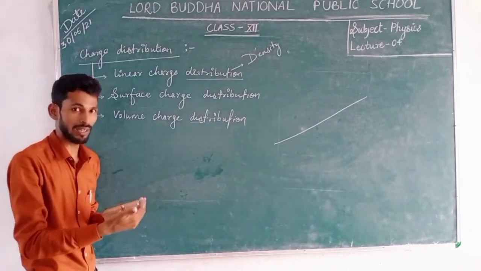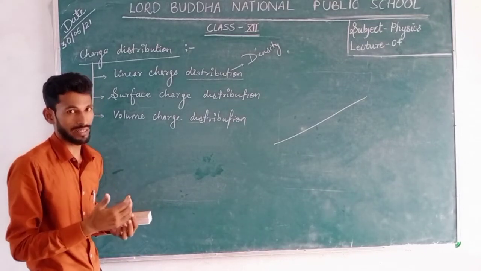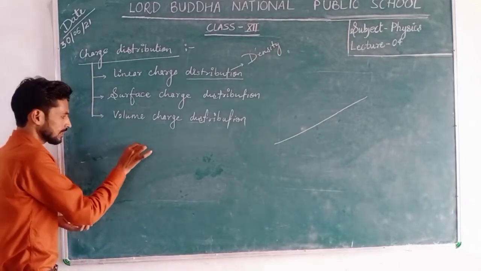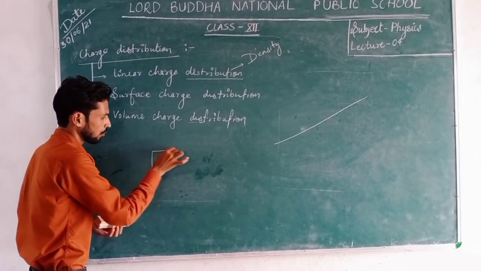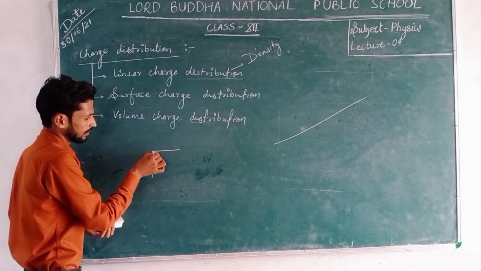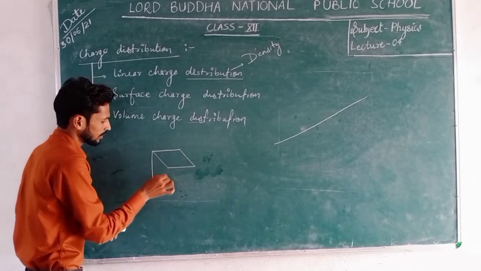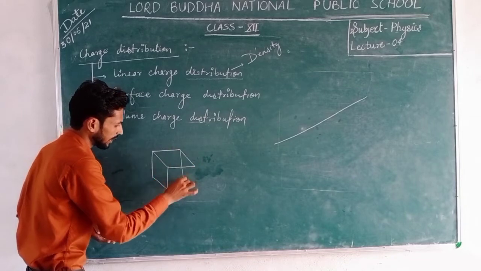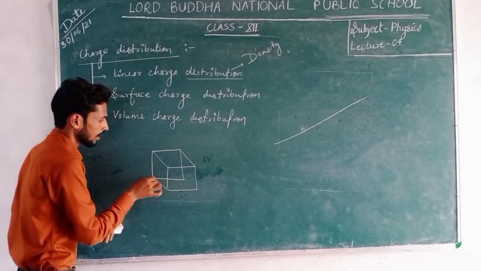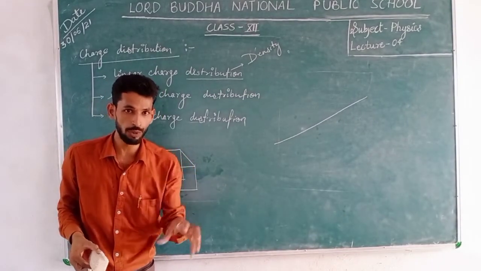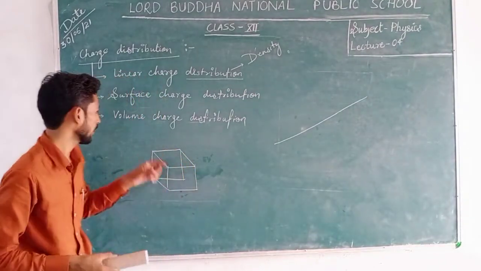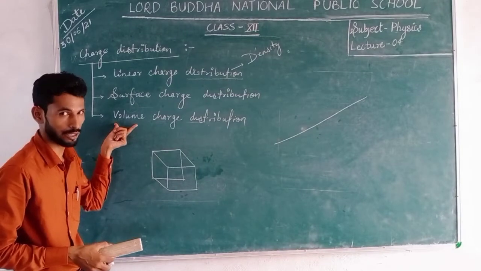It can be a sphere, a cuboid, or any shape. That means a 3D figure has height, width, and length. In any 3D geometry, if charges are distributed, then this topic is related to volume charge distribution.